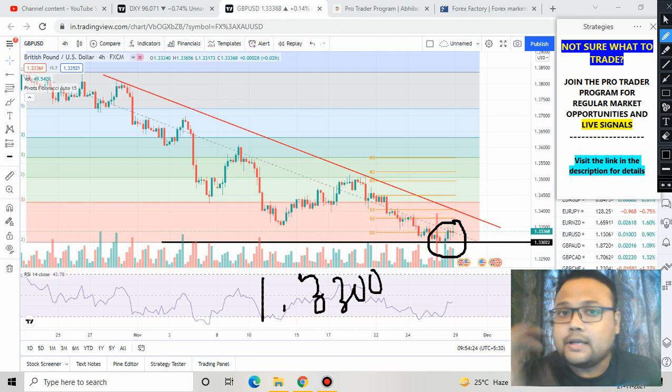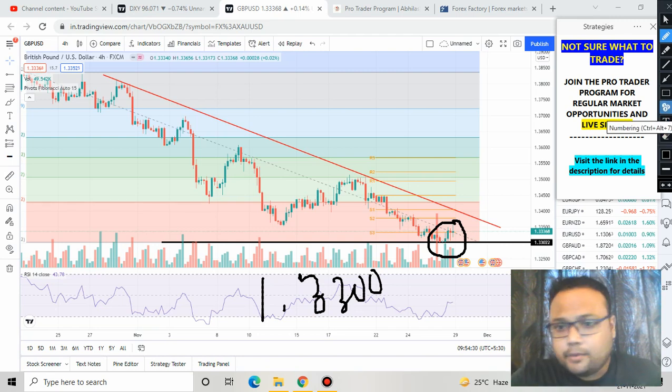On the other hand, if you are looking for a fresh opportunity on GBP USD, then I think we have two opportunities here. The first opportunity is if market breaks the level of 1.3300, this black line, and starts going down, we can take a sell position.